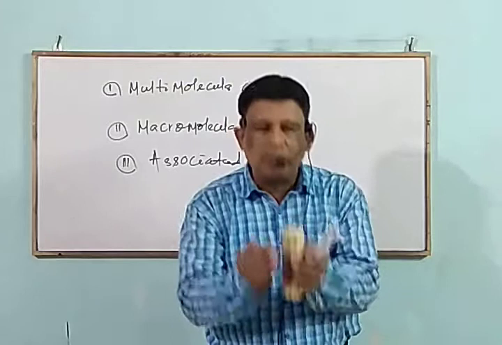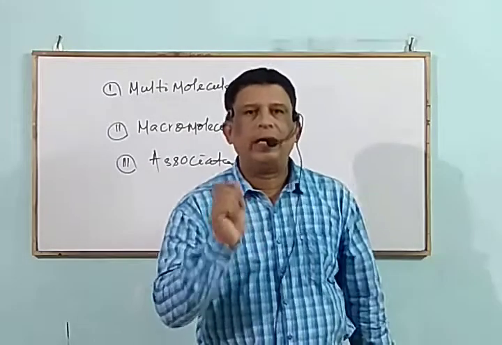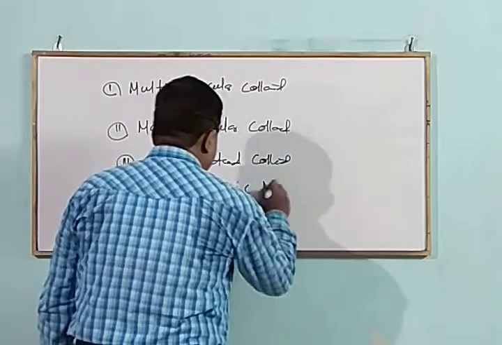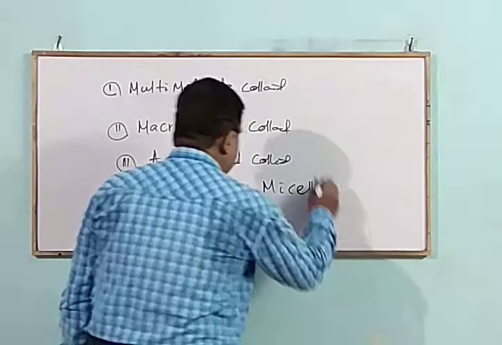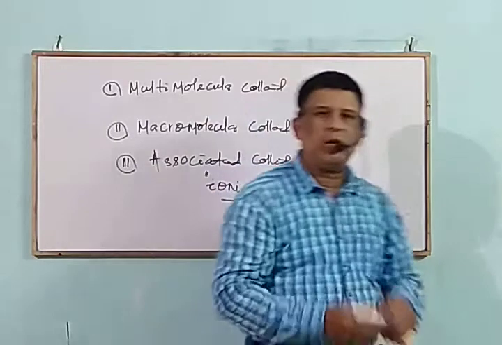When they come closer and aggregate to form an ionic micelle, it is known as an associated colloid.